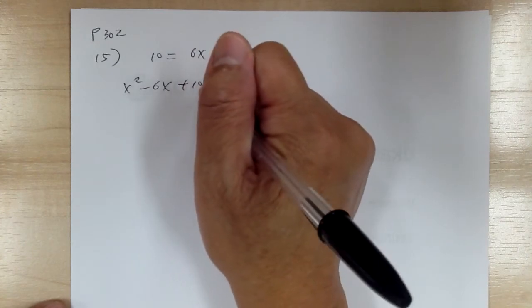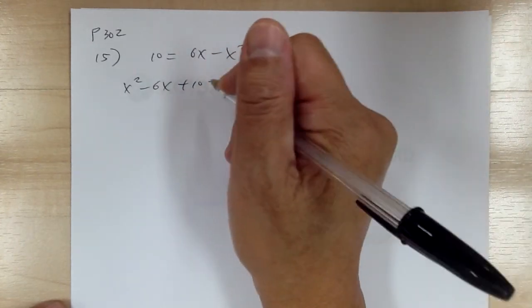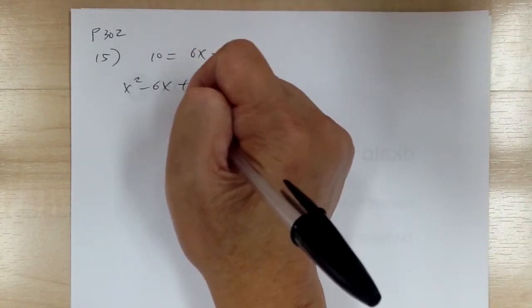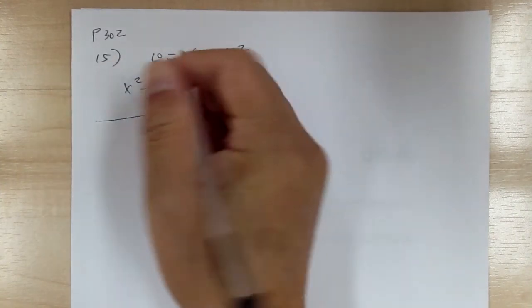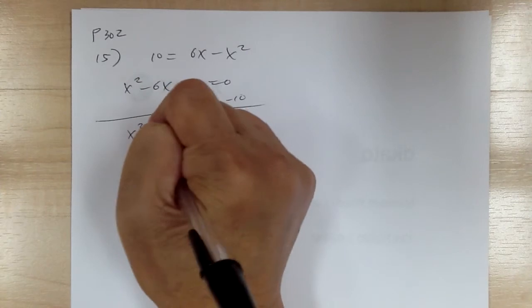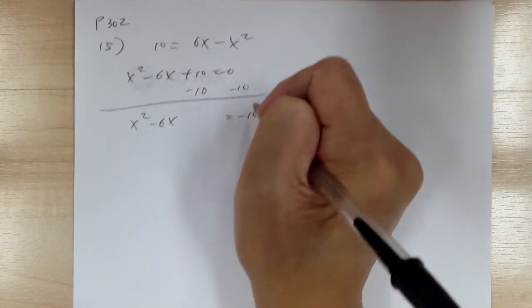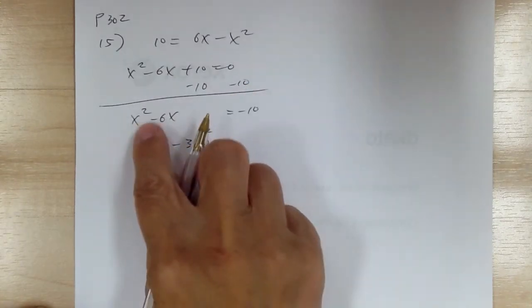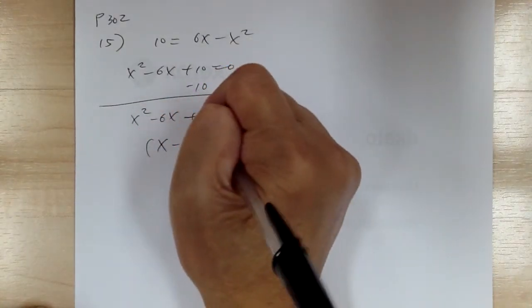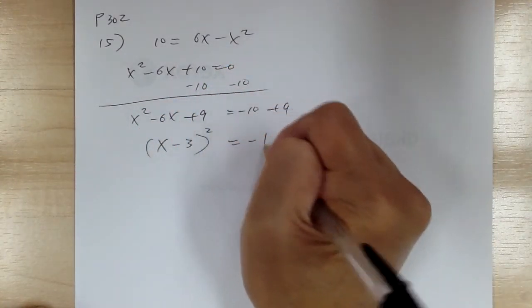The numbers are not too bad, so you can maybe even complete the square. Normally you can avoid completing the square, but this one is not too bad. So minus 10. You get that, you get that, so you need plus 9, so plus 9. So this is equal to negative 1.